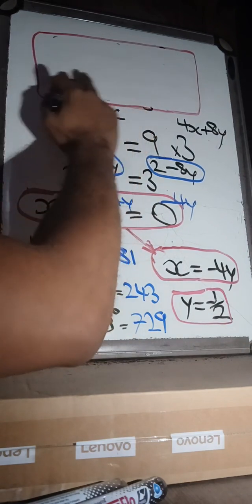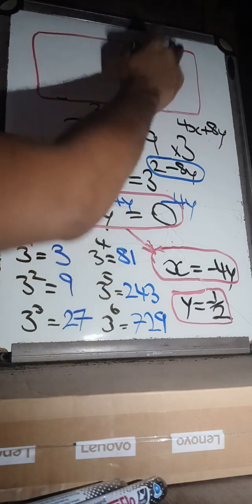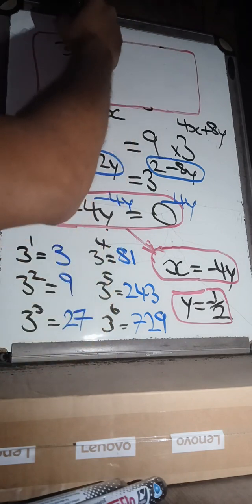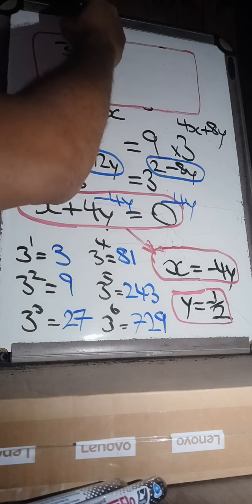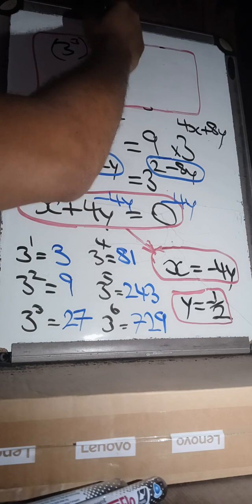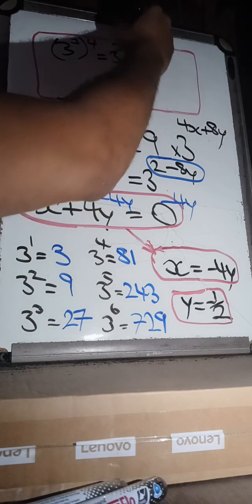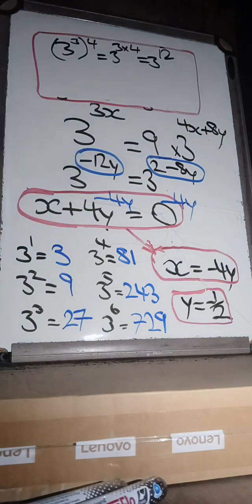Those are not too difficult to remember. So you have something like this. So once there are brackets, you have that.